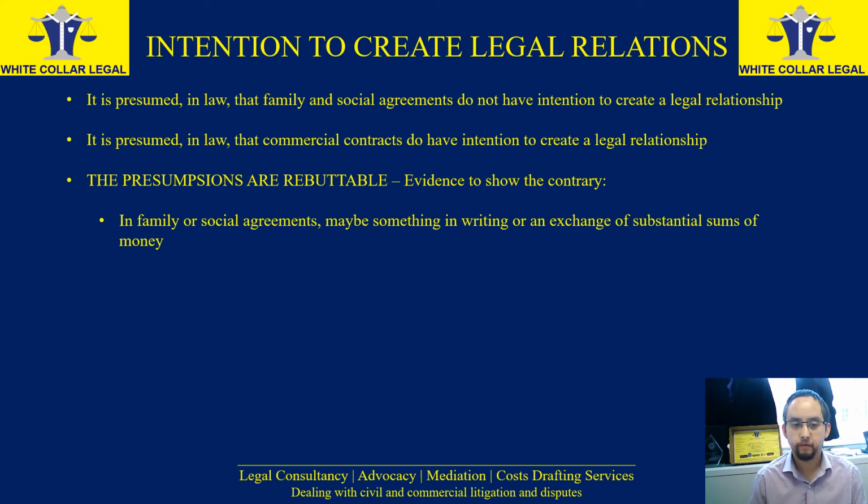So you might hear of family members actually writing down the terms of a loan, for example, which is a case that I actually dealt with last year, where mother, father and son had agreed to lend money. The parents lent money to the son, and at a hearing the son won the claim.